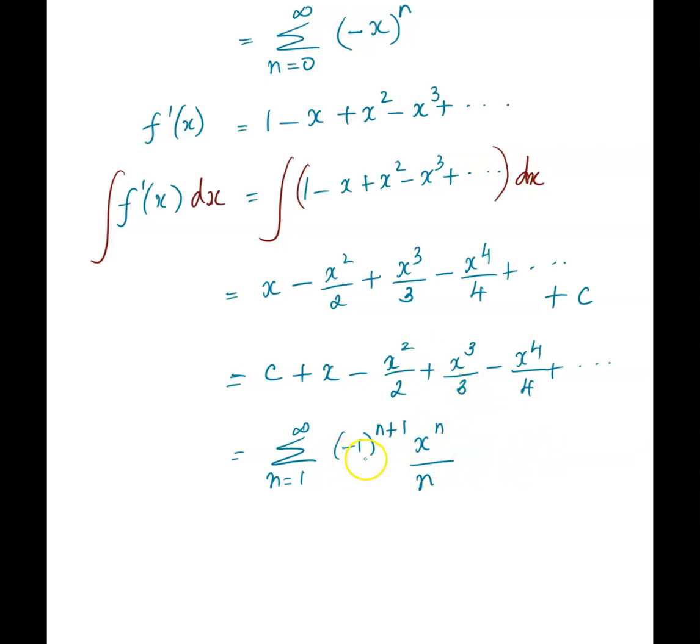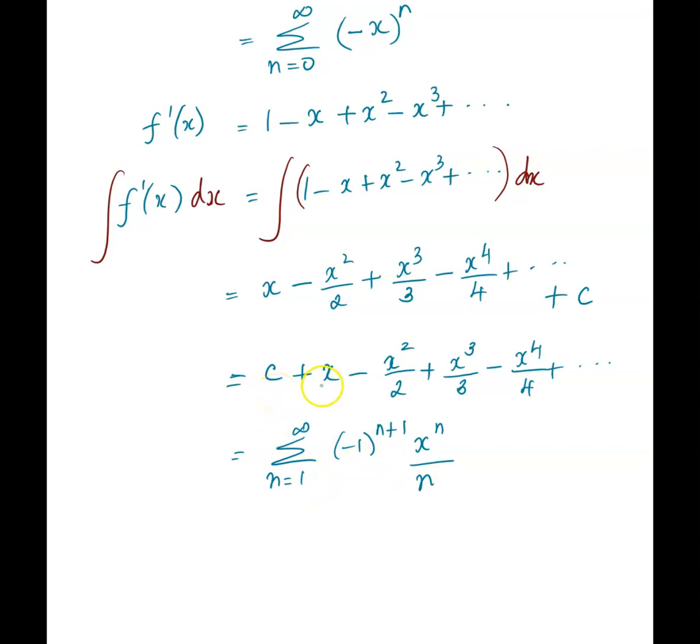And then the negative 1 power because of the alternating series. And with n as 0, if n is 0, we have the first term to be constant.